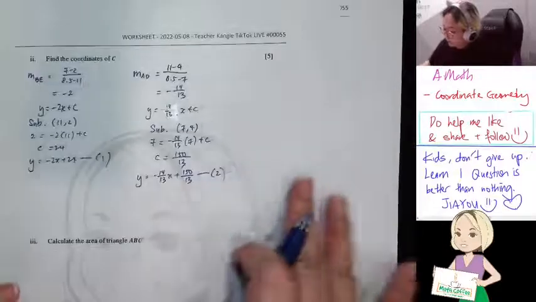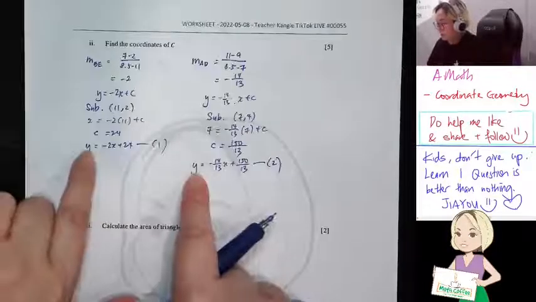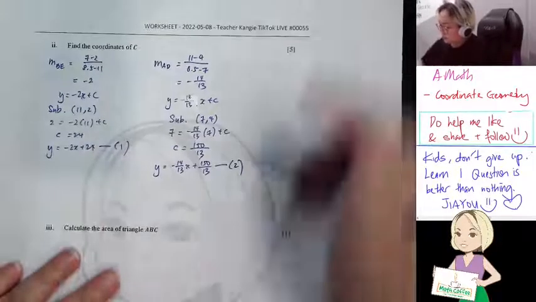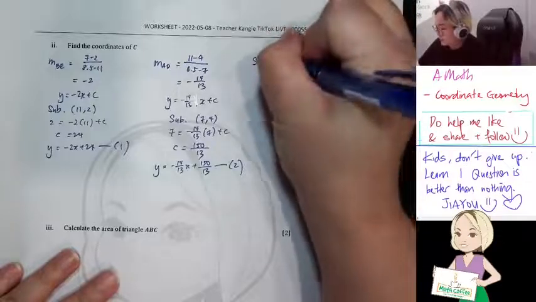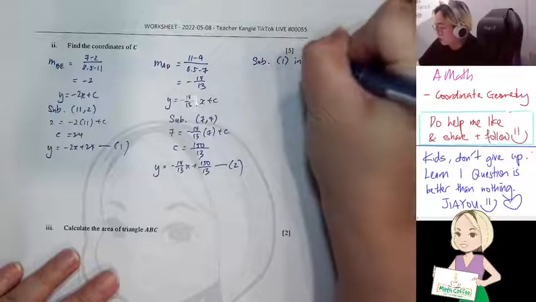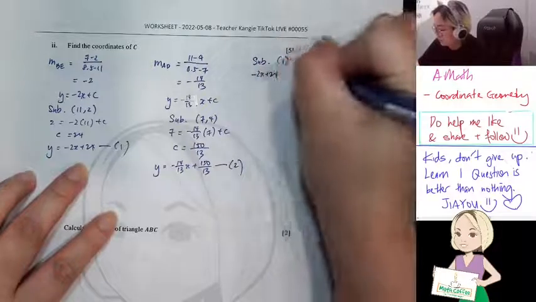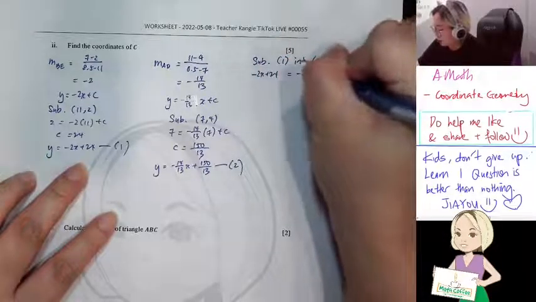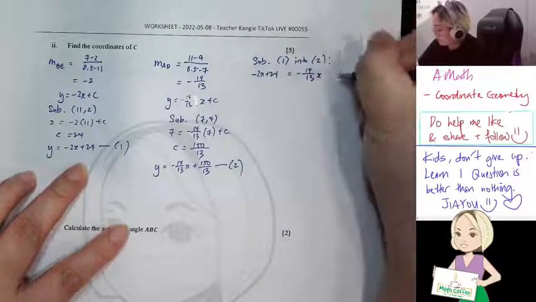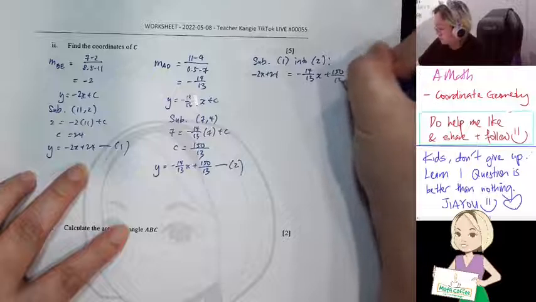Because both are already y, I just let both of them equal to each other. Over here you can just say sub 1 into 2 or sub 2 into 1, it doesn't matter. So it will be minus 2x plus 24 equals minus 14 over 13x plus 150 over 13.